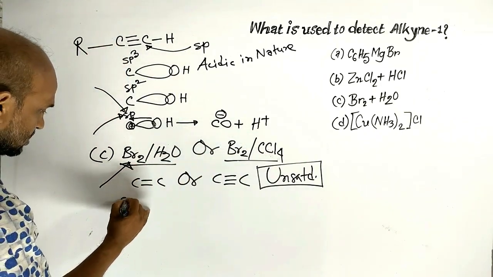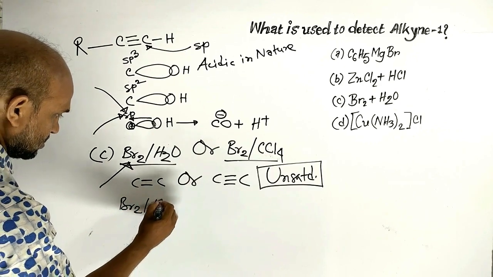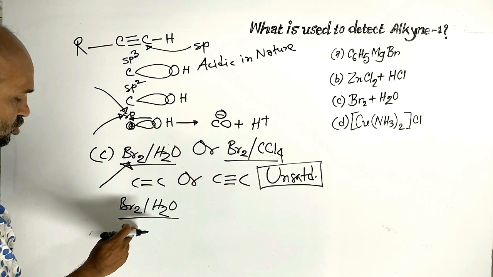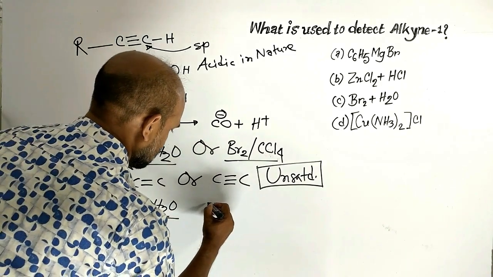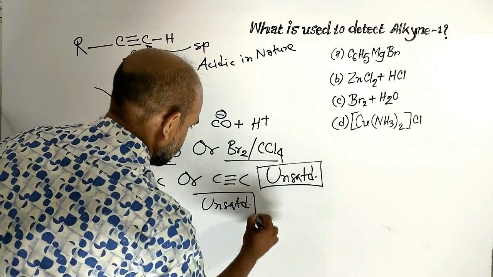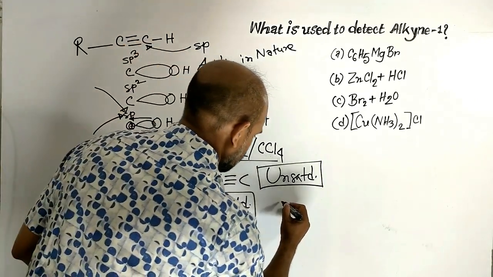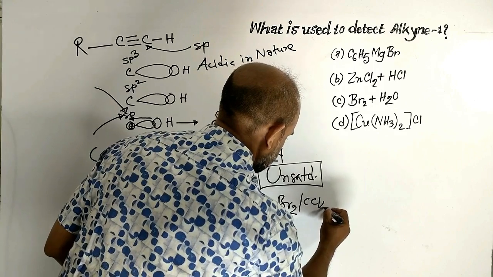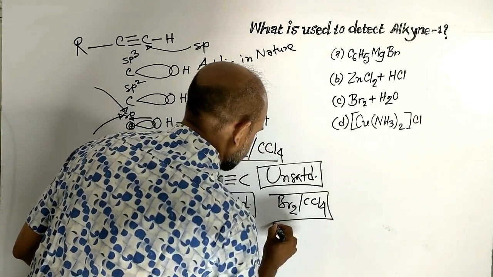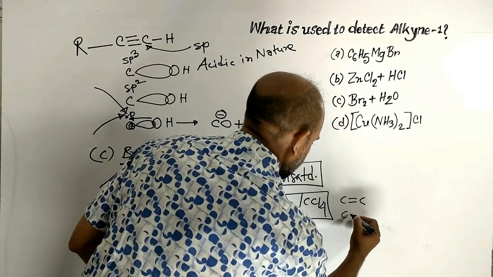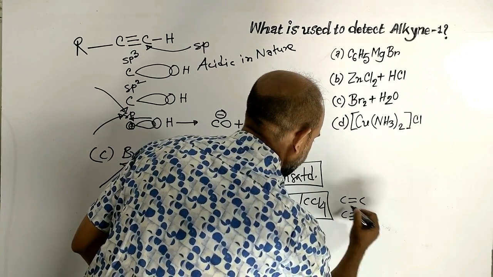Bromine in water reacts with other functional groups besides unsaturation. But bromine in carbon tetrachloride is used to detect carbon-carbon double bond or carbon-carbon triple bond.